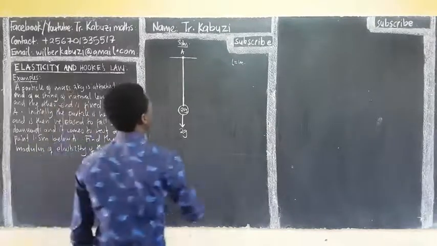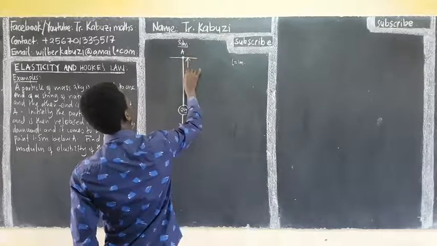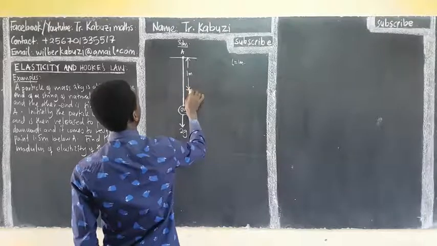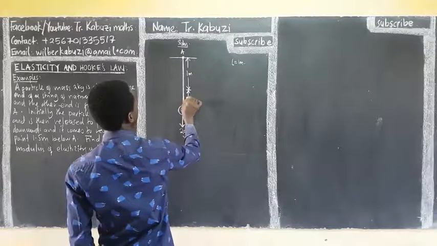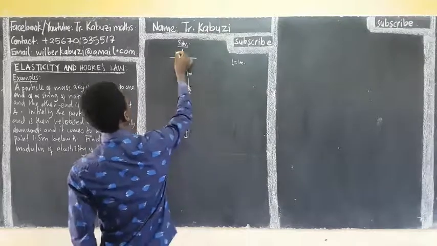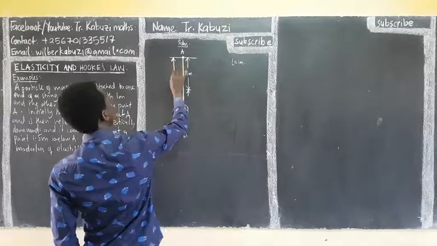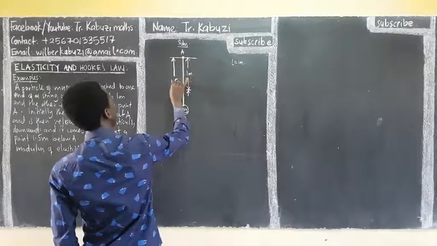It is okay. So now from here up to here, let us say it's 1 meter. Of course, we are going to have an extension, which we are going to call x. From A down to here is 1.5 meters.